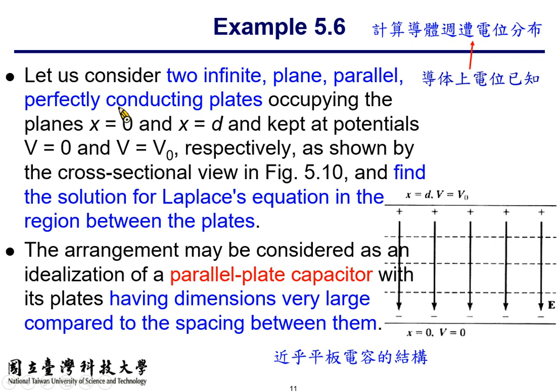So the direction of electrical field is the negative of the gradient of V. And it has no dependence on y and z direction, since we have an infinite parallel plane.